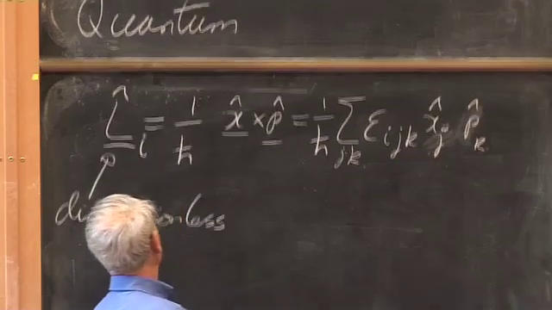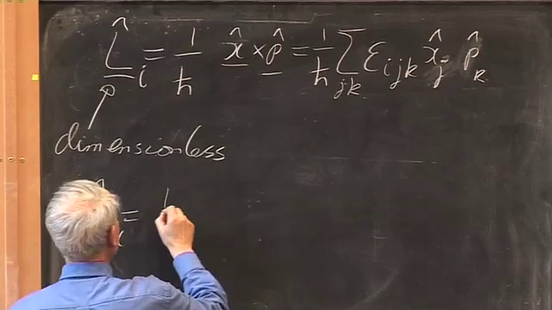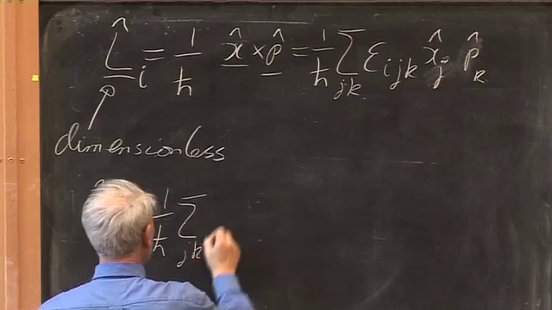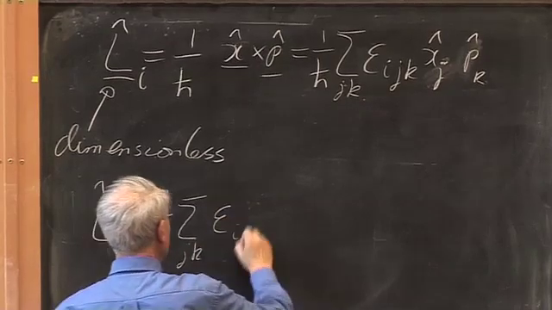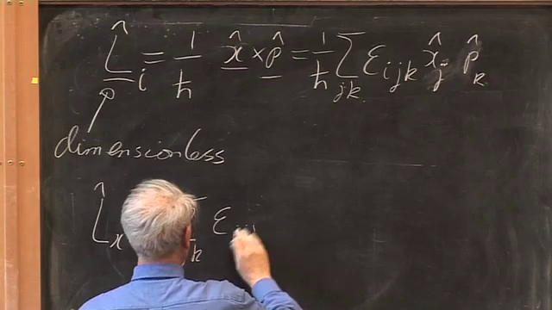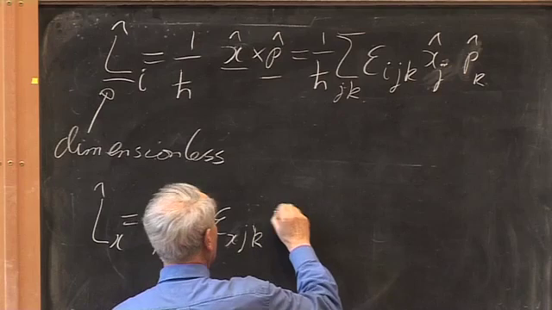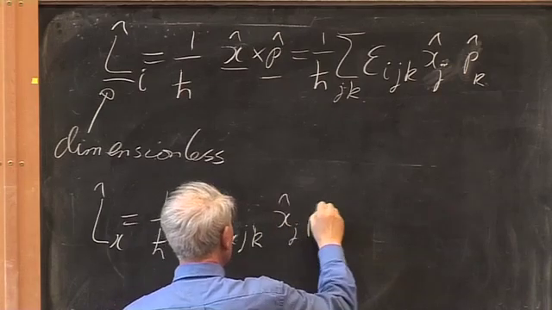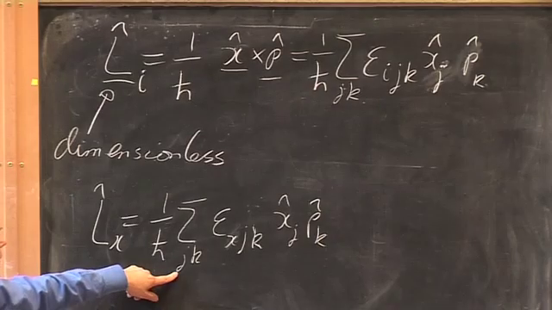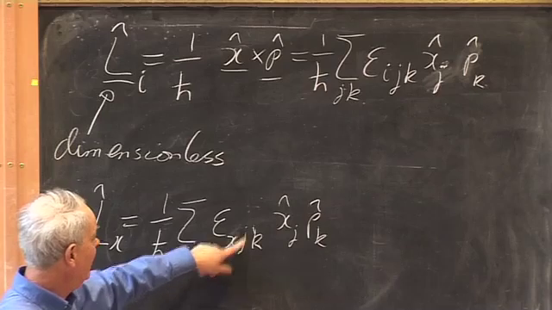So, for example, we have that Lx is equal to 1 over h bar, the sum over j and k of epsilon x jk x j pk. So j sums over x, y, and z, but when it's x, you get nothing here.